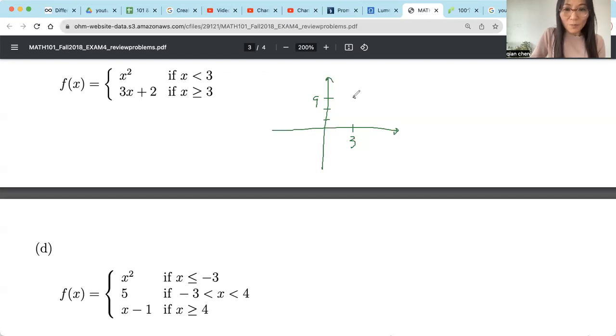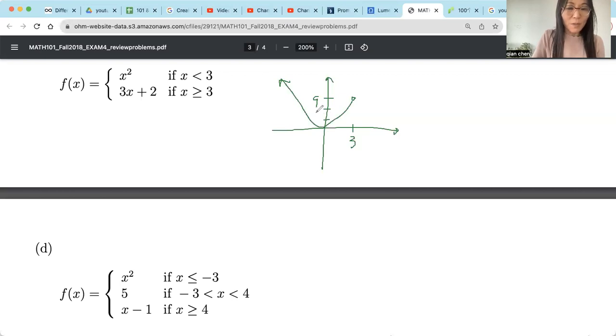Open circle at 3, because 3 is not in the domain of the first one. So I have this. Okay. Remember the quadratic function? Upward parabola. Symmetric on both sides. This one goes to infinity, negative infinity. So that's this piece. When x is less than 3, we have this quadratic.